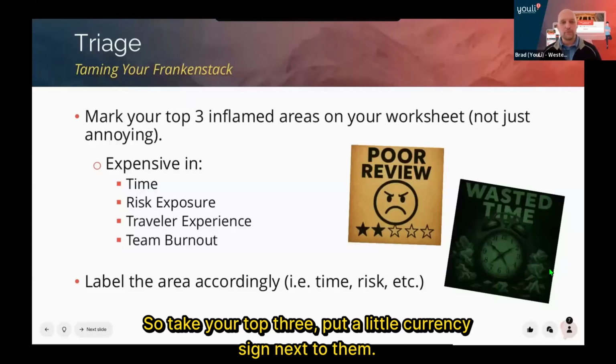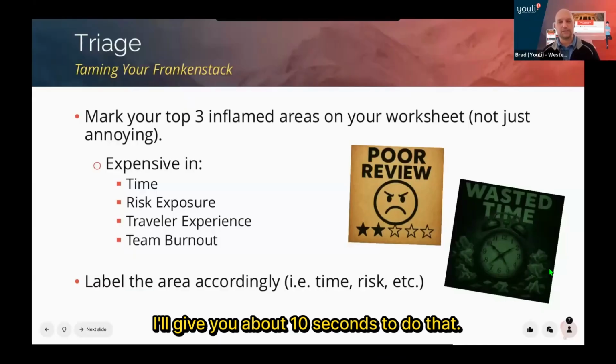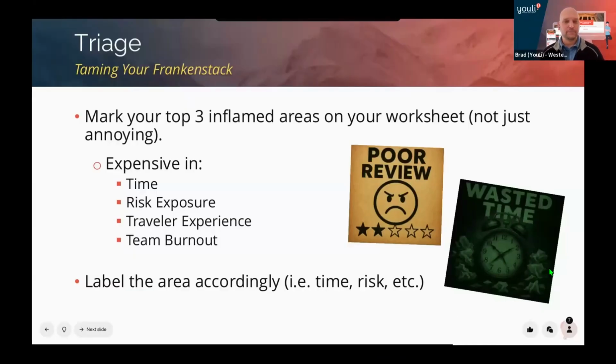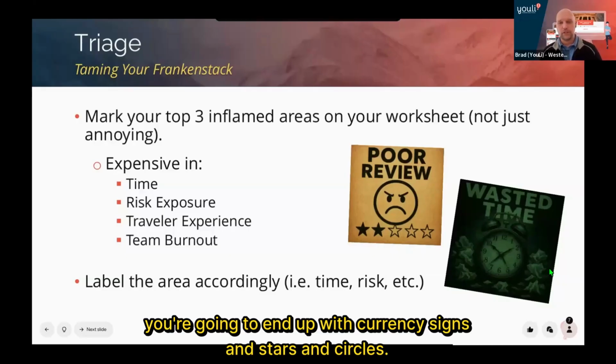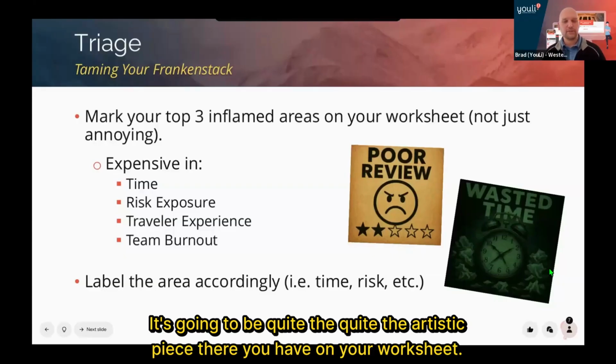So take your top three, put a little currency sign next to them. I'll give you about 10 seconds to do that. You're going to end up with currency signs and stars and circles. It's going to be quite the artistic piece you have on your worksheet.